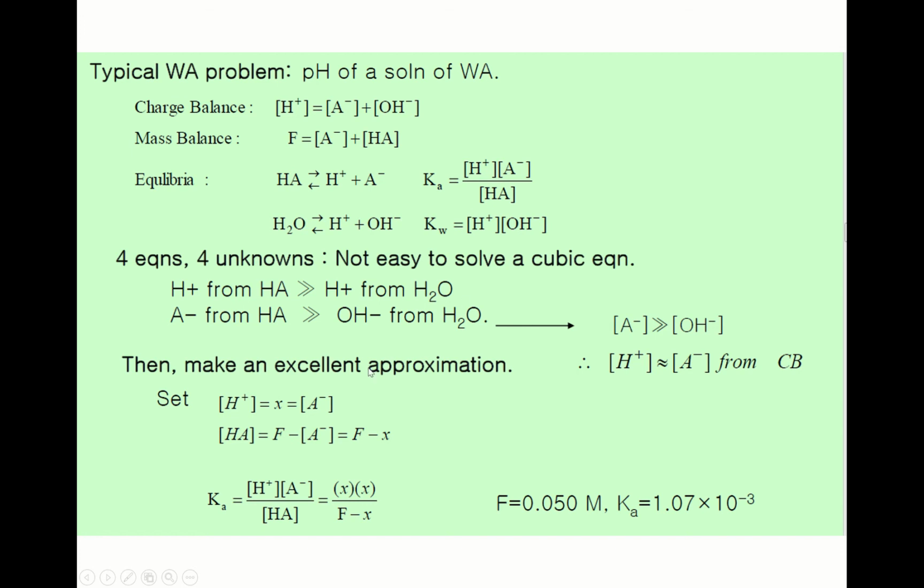But we can make a very good approximation. Although HA is a weak acid, the proton concentration is much higher than the hydroxide concentration. So in this case, OH minus may be ignored.